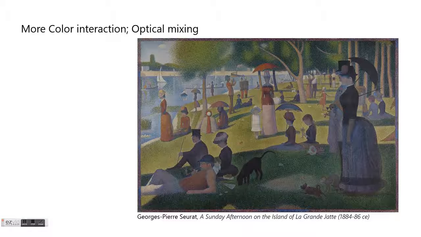We don't have a lot of time to talk about optical mixing, but I did want to cover the topic very slightly. This has been of interest to artists since about the 1870s or 1880s. And Seurat obviously was one of the artists most obsessed with this idea of how to create color not through mixing it on his palette, but through mixing in our eye.